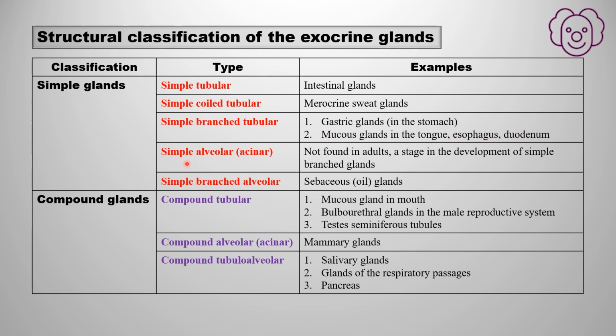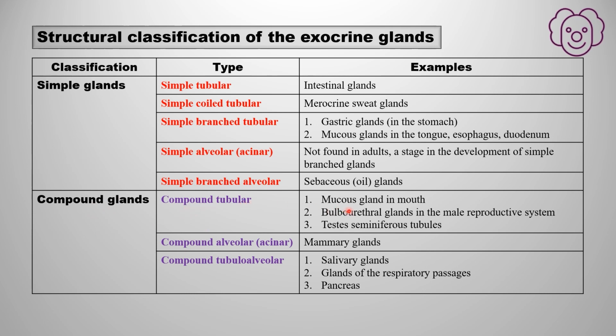And then this simple alveolar or acinar is not found in adults. Be careful, this is not found in adults, and it is a stage of development of the simple branched glands. Simple branched alveolar, this is the sebaceous or oil glands, and those present in the vicinity of each hair follicle. For the compound glands, we have the compound tubular.